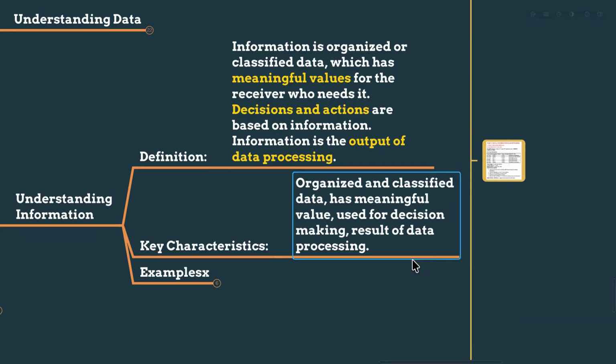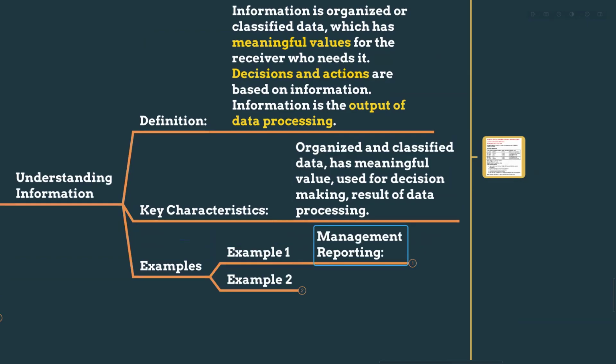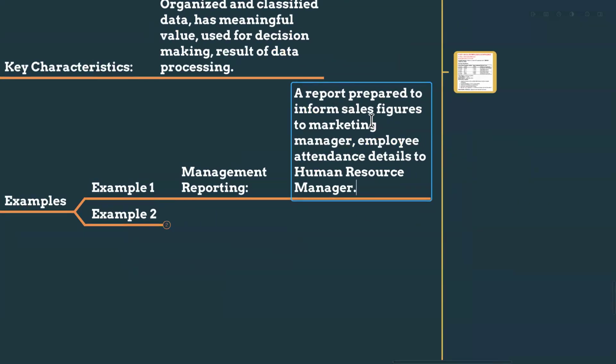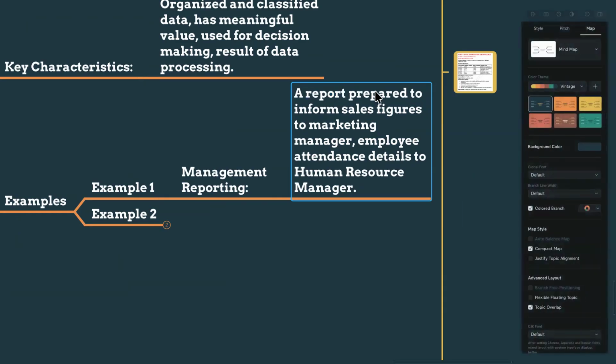So now let's see some examples related to this topic. Example one, management reporting: a report prepared to inform the sales figures to the marketing manager, and employee attendance details to human resource management, right? So a report is always processed data.